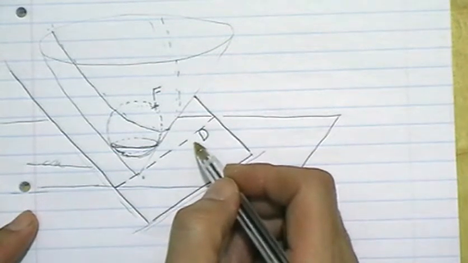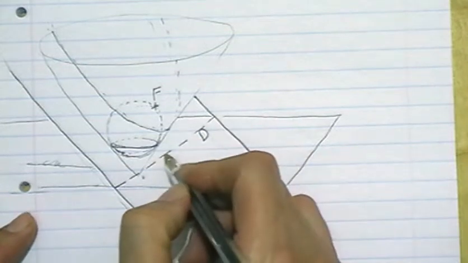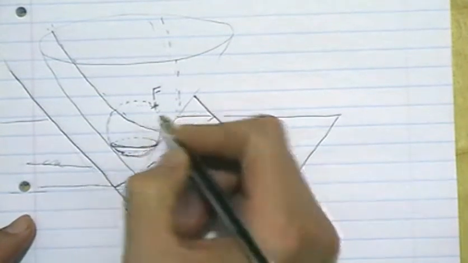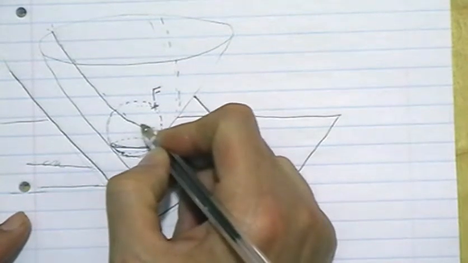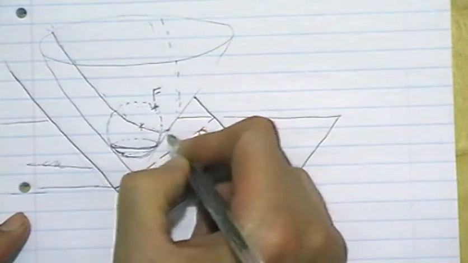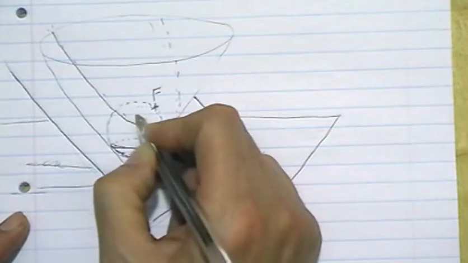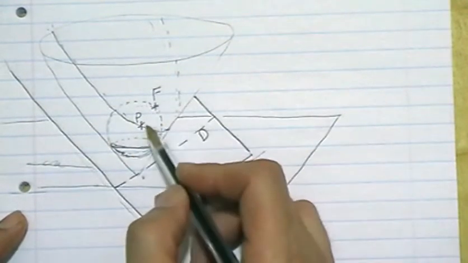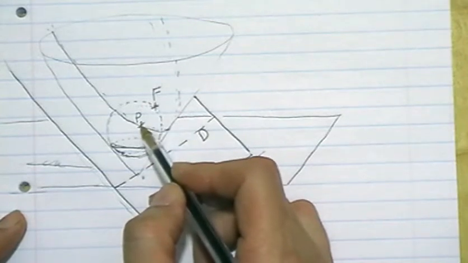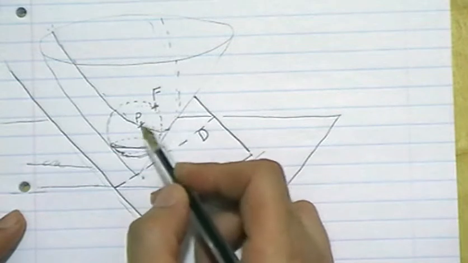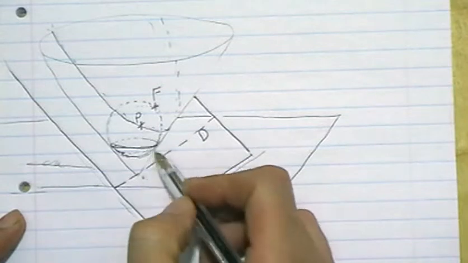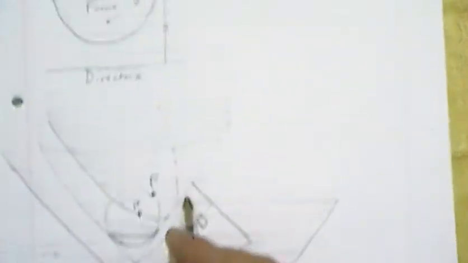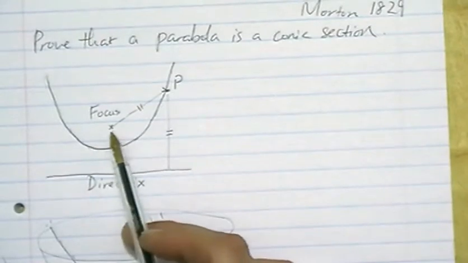If that is the case, it means that I want to show that if I have a certain point on this curve, say point P, the distance from P to F, to the focus F, is the same as the distance from P to the directrix, which was how I defined a parabola.